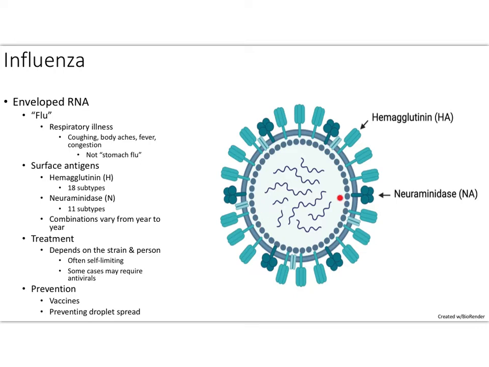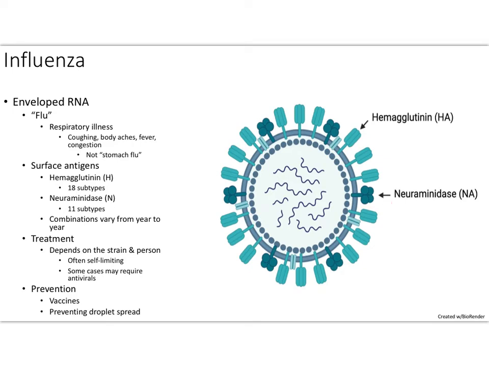So, going on about influenza and some of the other important characteristics about it, this virus has a couple of important surface antigens. It has hemagglutinin and neuraminidase. Hemagglutinin has 18 subtypes, and neuraminidase has 11 subtypes. So when we look at this virus here, we have our hemagglutinin on the surface here, and then our neuraminidase here.